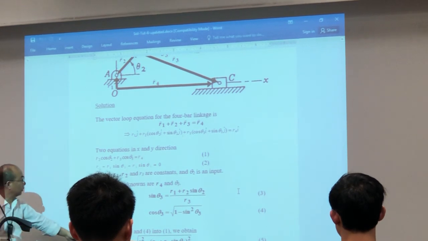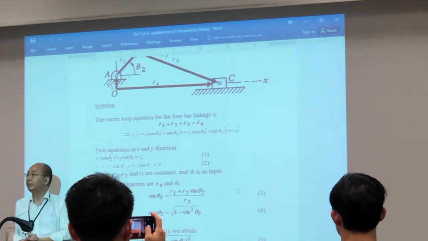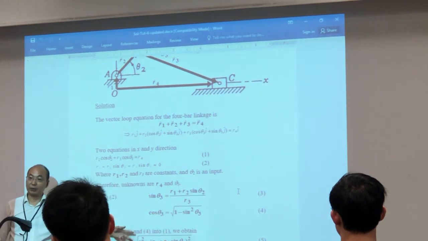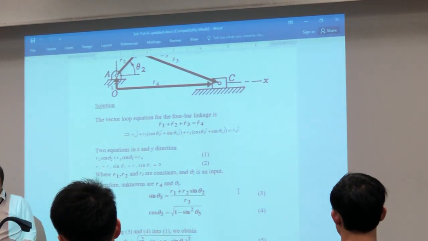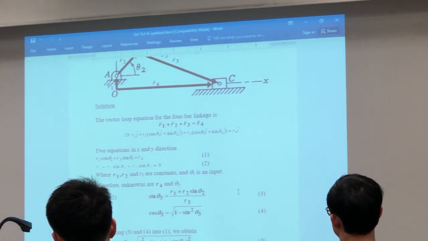But this is not really important, because normally we don't solve these equations manually. It's quite tedious. Normally, we use computer software to solve those trigonometry equations. Okay, but you have this concept.